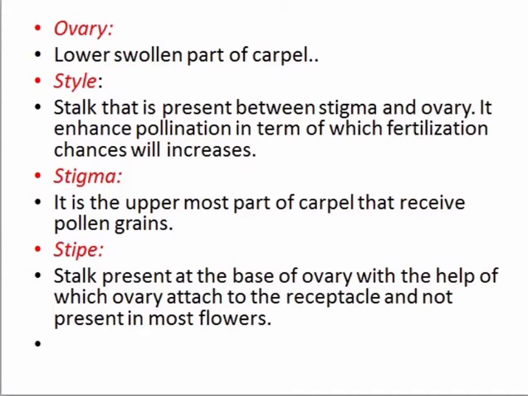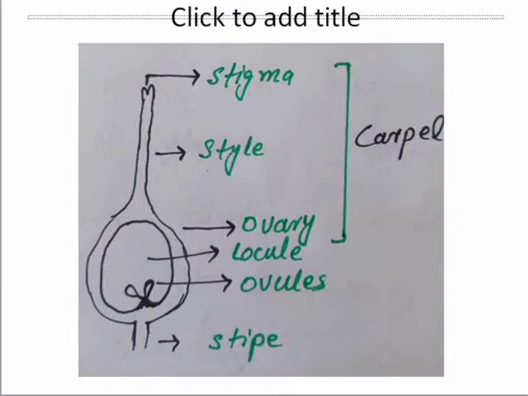The other structure is the stigma. It is the uppermost part of the carpel that receives pollen grains. It is present at the top and receives pollen grains. Style position we will discuss later on. We will discuss stigma structure later on. Look at the stigma.